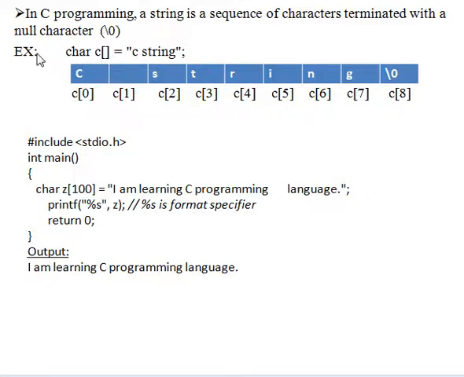Here is an example: char c. Now c is an array, and its data type is character. In this array we can store any string. I am storing "C string". The total words "C string" is a string.